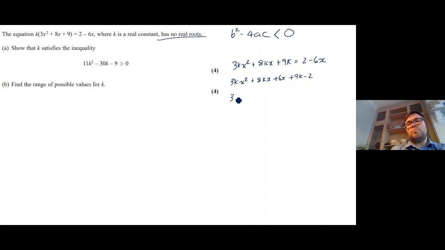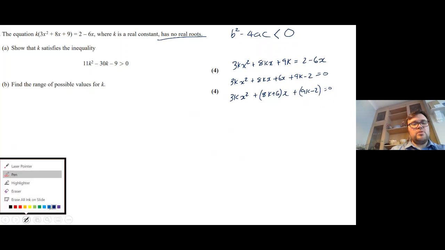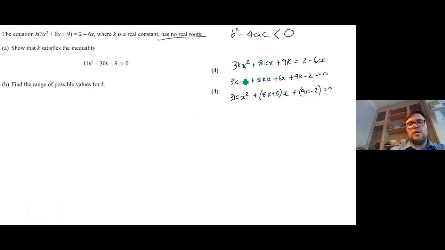I then like to put in brackets, especially with the more complex part, keeping together our A, which is 3k, our B, which is 8k plus 6, and then our C, which is 9k minus 2. Remembering, obviously, with the discriminant, those different values. So this is our A, this is our B, and this is our C.